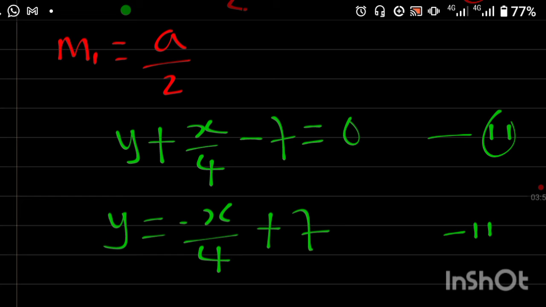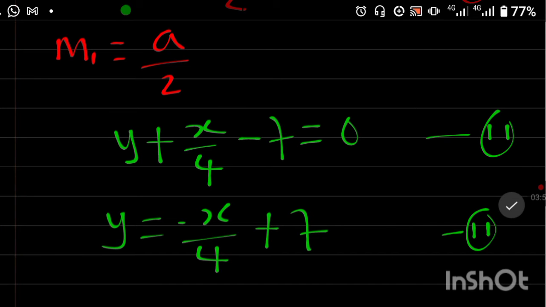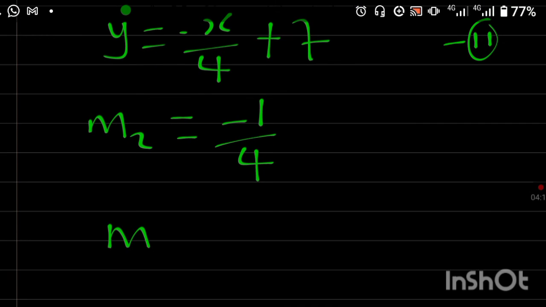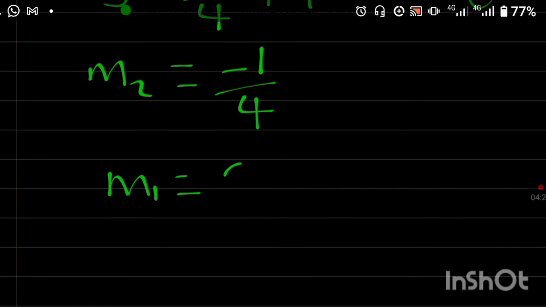This is my equation 2. From this, I can now conclude that the coefficient of x is my slope. So I will call it m2 is equal to minus 1 over 4. So we have the two slopes. Slope 1, m1 is equal to a over 2.